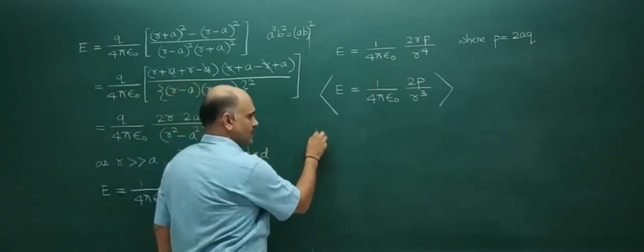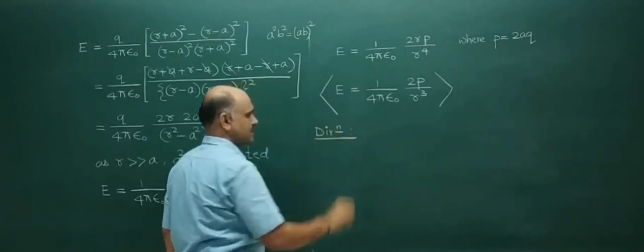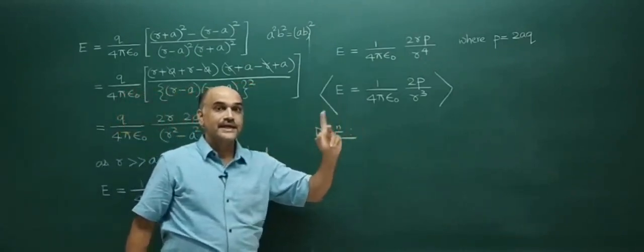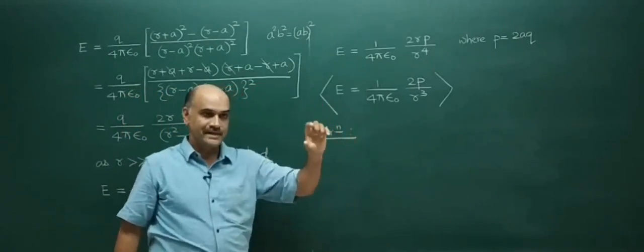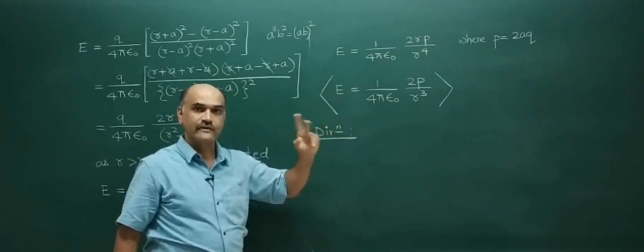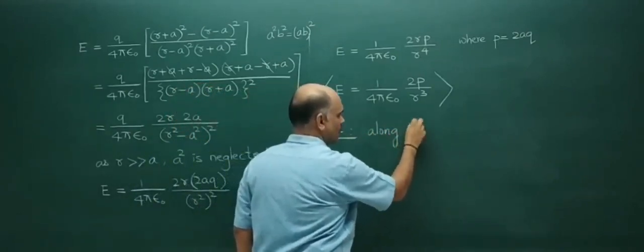Here you are required to write the direction. Now while taking E, I had taken E1 minus E2, meaning E1 is greater than E2. So this will be in the direction of E1, or you can say it is along the dipole axis.